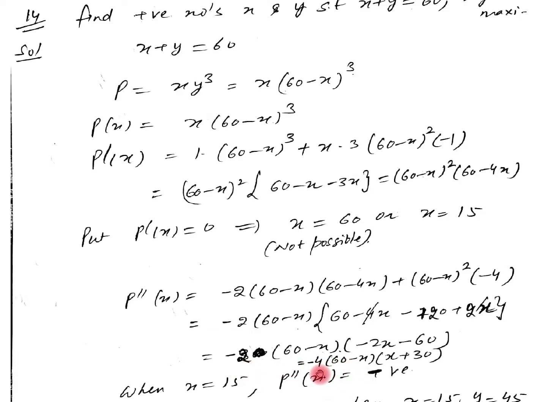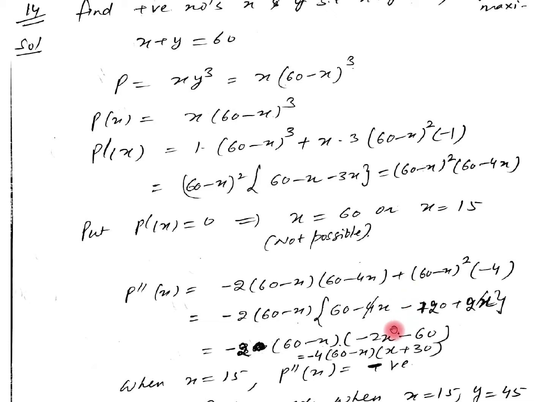Then, sorry, one second. Now it is (60 minus x) whole square, 60 minus 4x. Then we are differentiating it here. Let me change something. Minus 2 into (60 minus x). Let's see the differentiation.